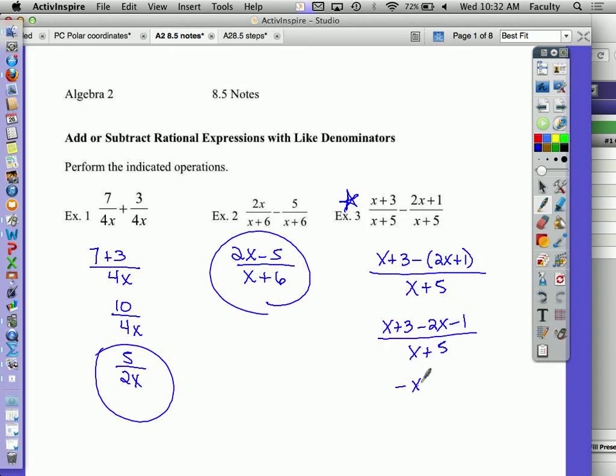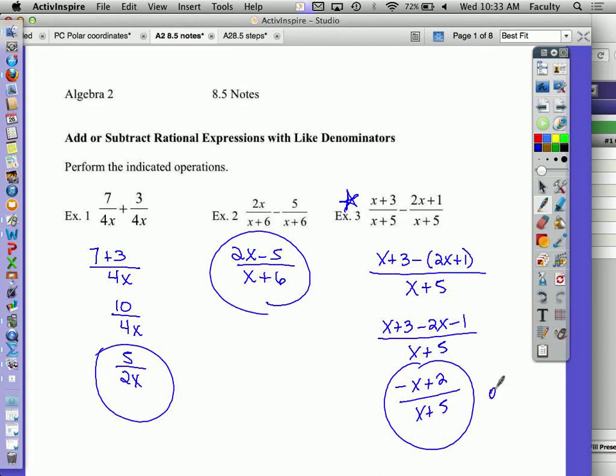So that's negative x plus 2 over x plus 5. Be careful, because the most common mistake I see on quizzes, and there is going to be a subtraction problem, is that you can't say minus 2x plus 1, because then you didn't subtract the numerator. You only subtracted the first term.